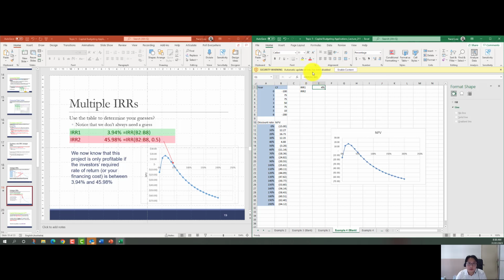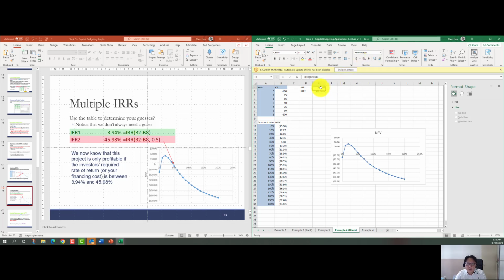And that gives us 3.94, which is the first IRR that we found, okay? But we can also go equals IRR, B2 to B8, and we put 0.5. So this is a guess, okay, that there's going to be another IRR which is close to 50%.